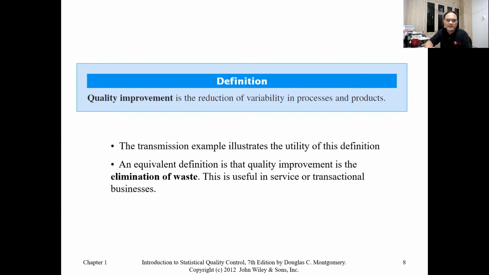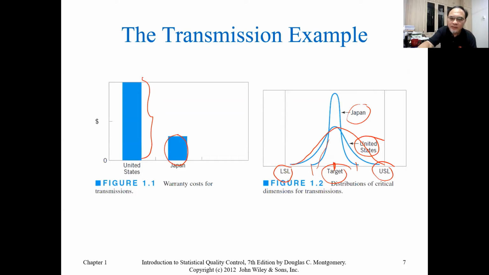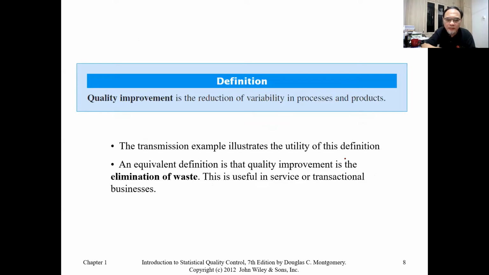modeled using statistics, because statistics is the knowledge behind understanding variation. So the transmission example shown earlier illustrates the utility of this definition. That means if we can reduce variability, we can achieve higher quality products. Another equivalent definition is that quality improvement is the elimination of waste, particularly useful in service or transactional businesses.